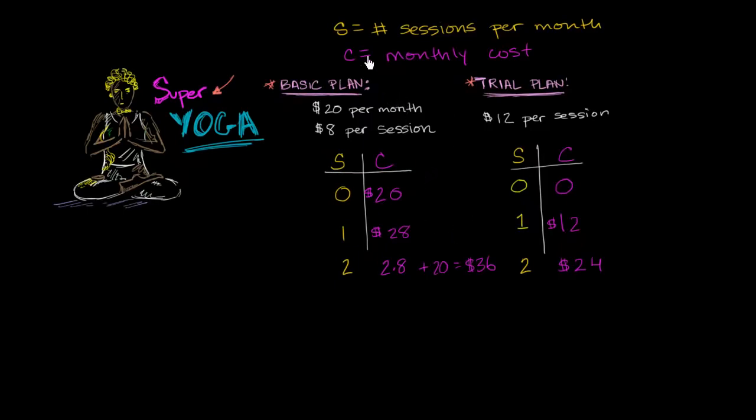So if we say that S is the number of sessions per month and C is the monthly cost, how can we express the trial plan as an equation? Well, we could say our total monthly cost, so this is for the trial plan right over here.